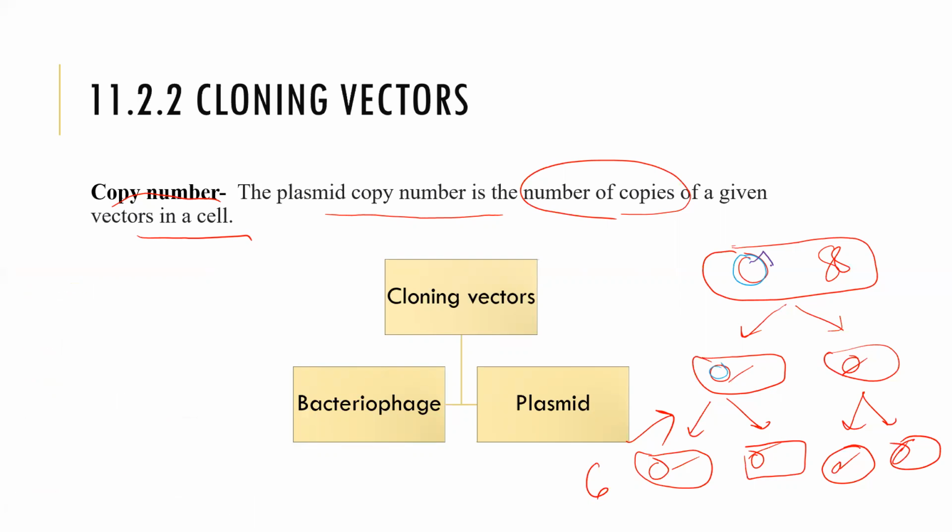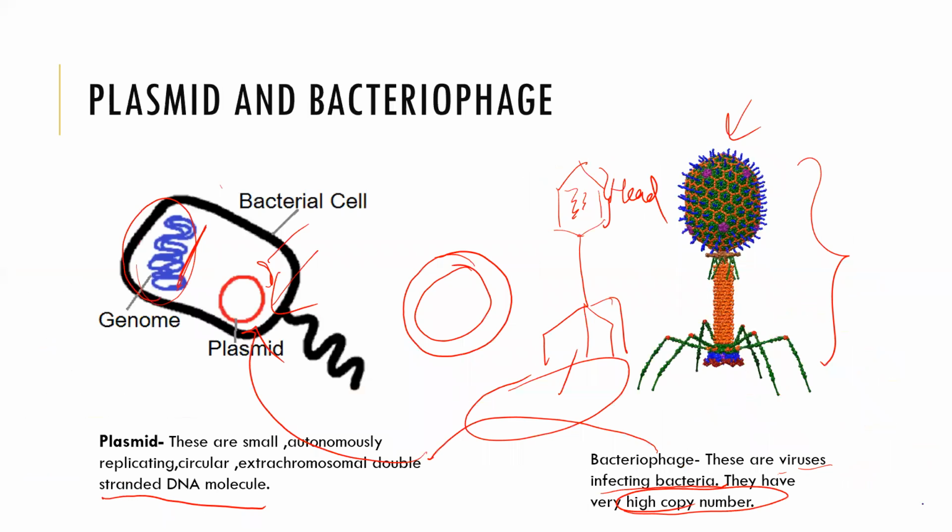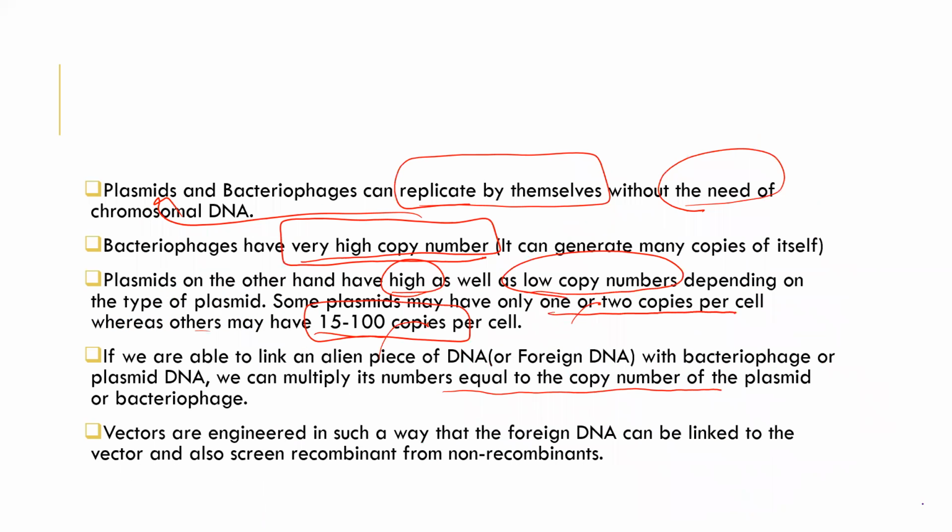The foreign DNA is present in the plasmid. So when the plasmid is replicating, the foreign DNA is also getting replicated in each case. That is increasing the copy number of the plasmid, and the foreign DNA is getting increased. So basically, from one it has become two, and here it has become four. So with the plasmid replication, the foreign DNA is also getting replicated. That is the meaning of this sentence.